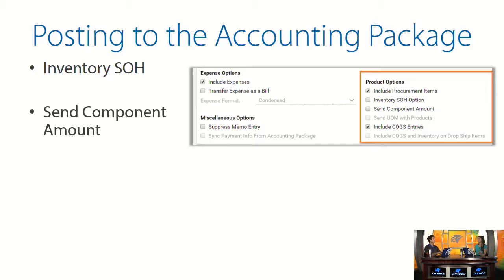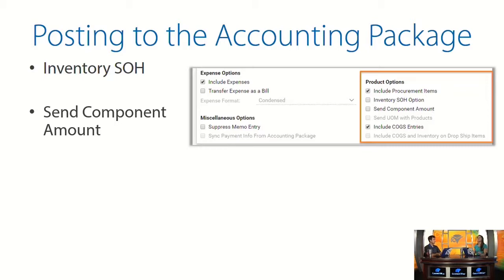Send component amount. Send component amount really ties back into that bundle class product, because as we mentioned, a bundle class product is one product, say an installation, used to represent multiple parts that can be different classes, etc. And they have their own prices because they're just another product record in our system until they're added to a bundle as a component.